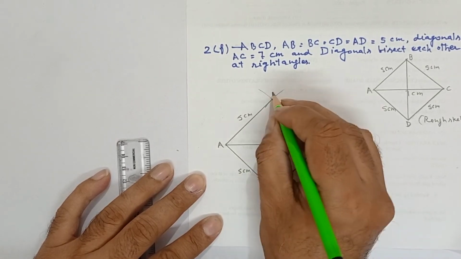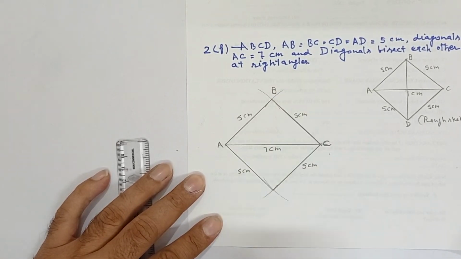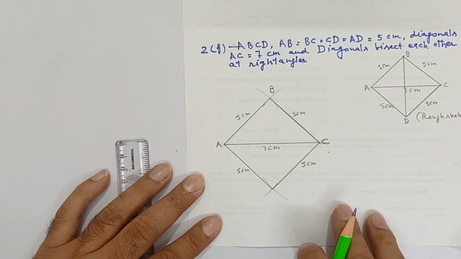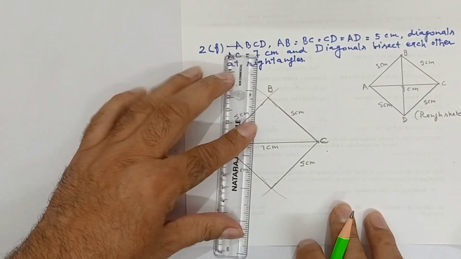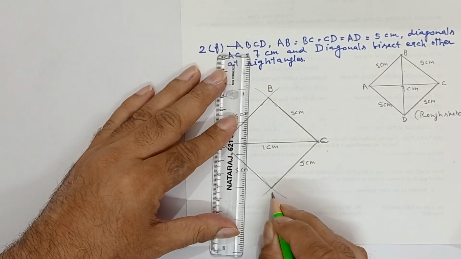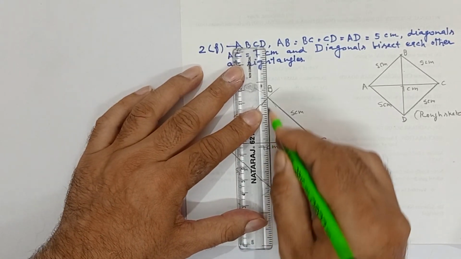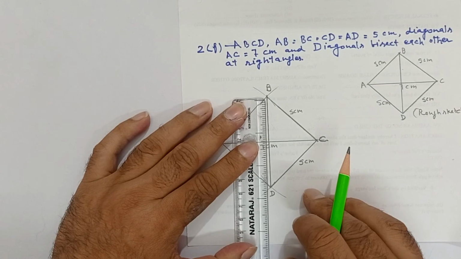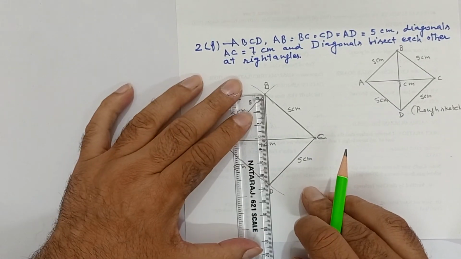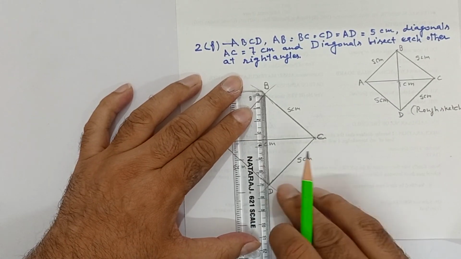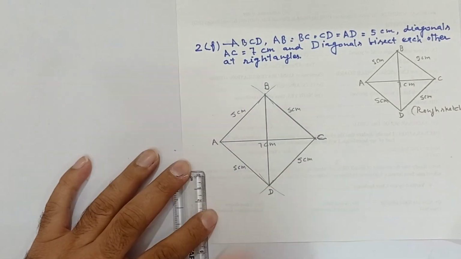This is C point and this is B point. Now he told diagonals bisect each other. Here this point is D. You will join BD. And now observe how many centimeters it is. Look, this is exactly 7 centimeter coming.